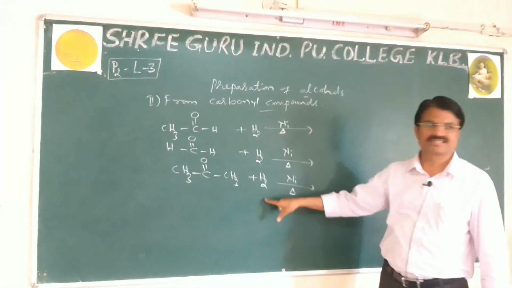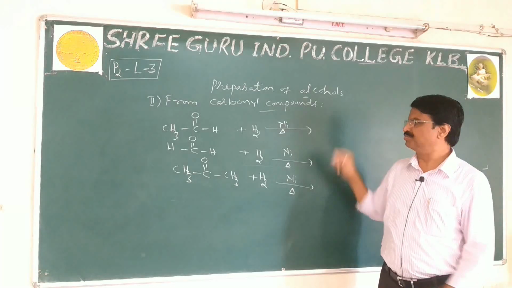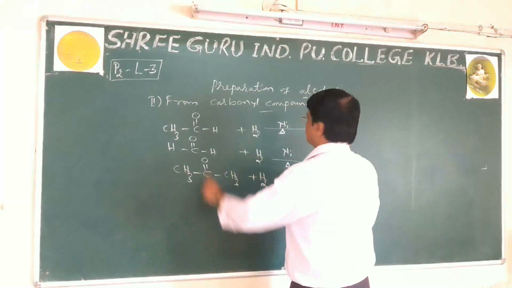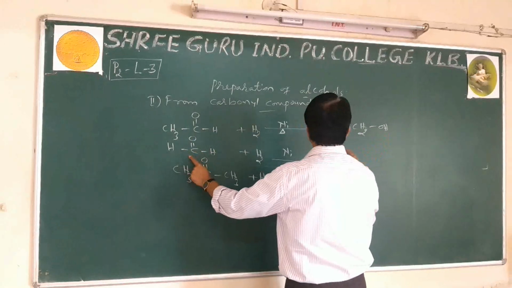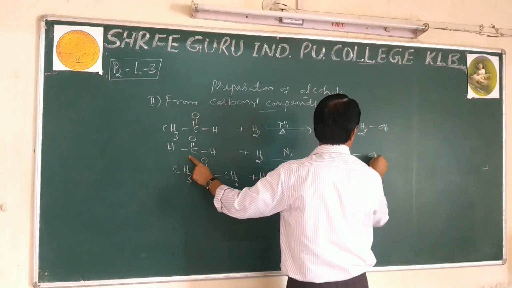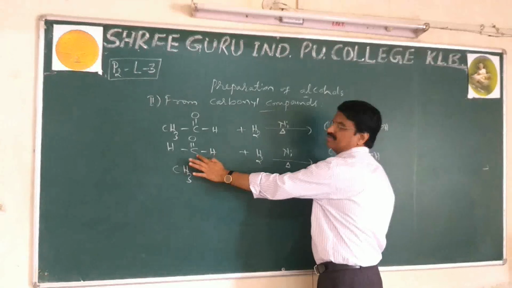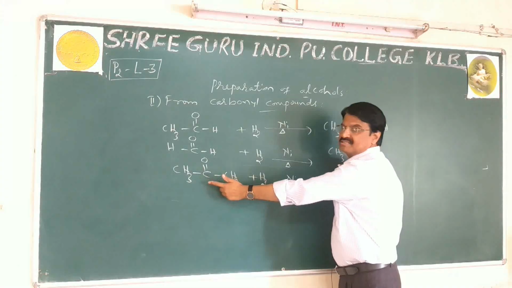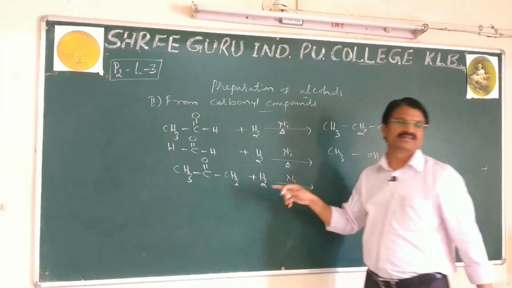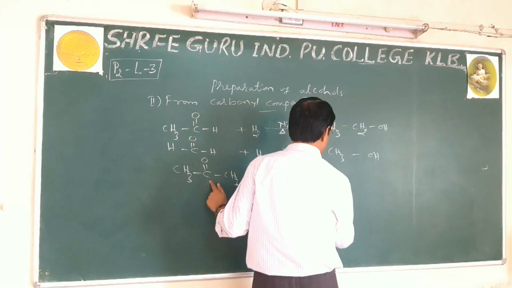See here, the method is the same. Convert the carbonyl group into a CHOH group. Therefore, CH3CH2OH, CH3OH, and CH3CHOHCH3.